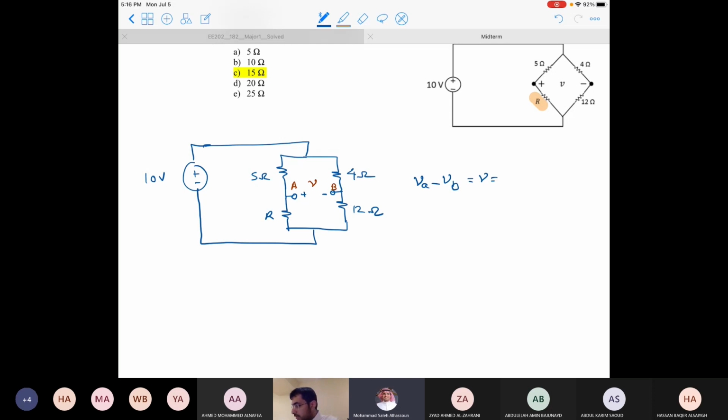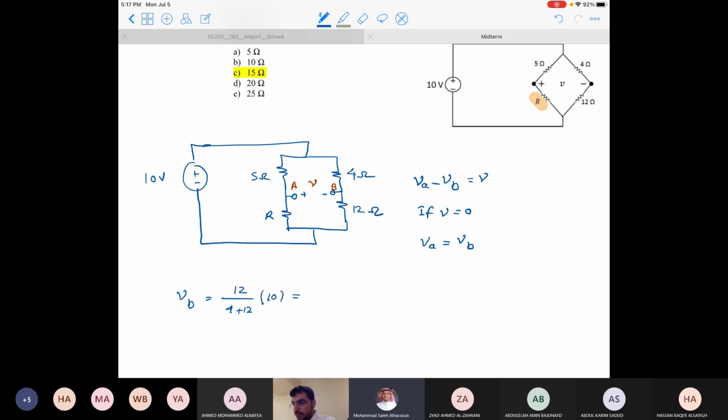If V equals 0, this means VA equals VB. So let's try to find VB first. VB is, by the voltage divider law, 12 over 4 plus 12 multiplied by 10.